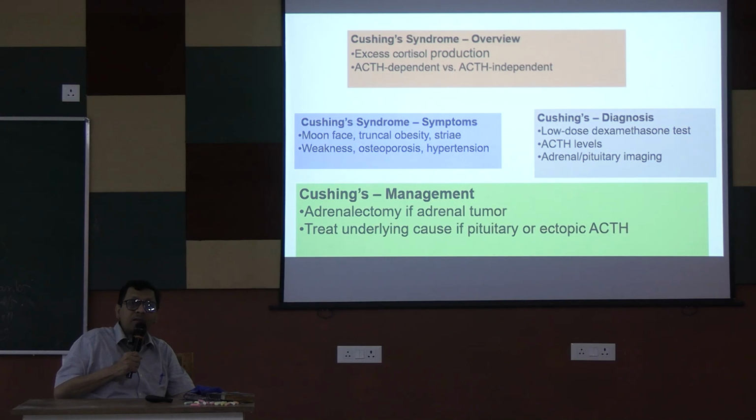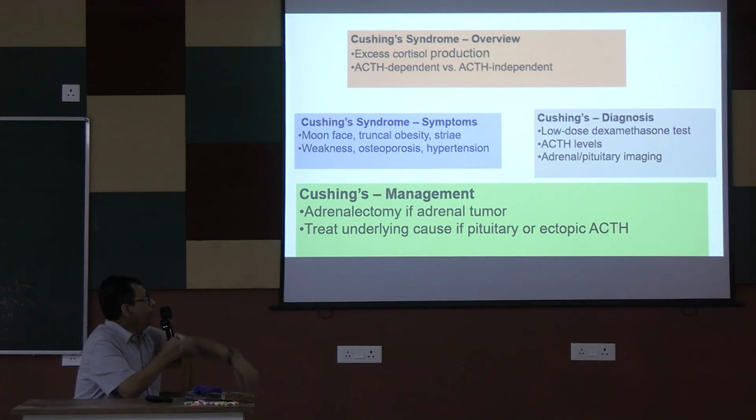So we will have to localize from where it is being secreted, when the pituitary and adrenal can be excluded. So for ectopic ACTH, if there is a pituitary tumor, you will have to treat the pituitary tumor, and adrenalectomy if the adrenal tumor is present.